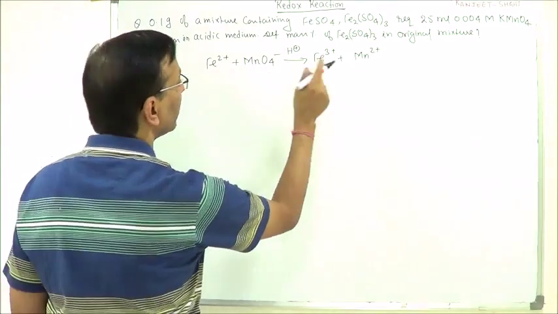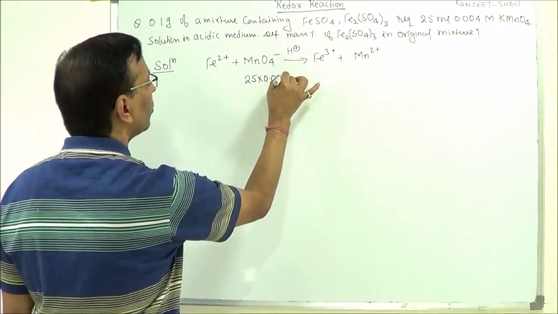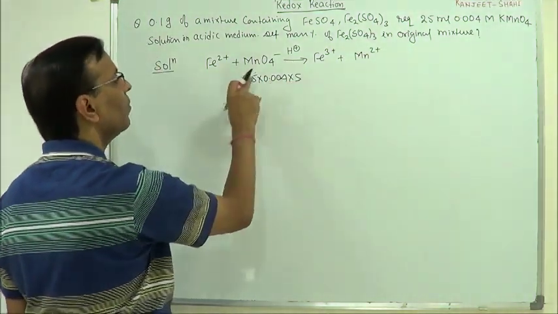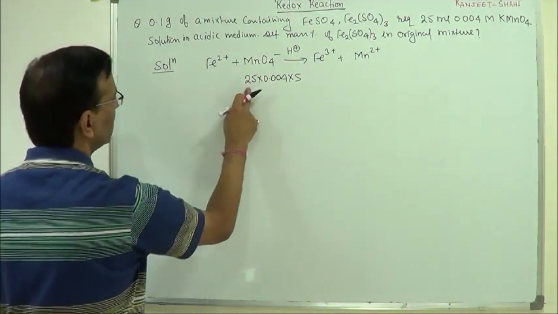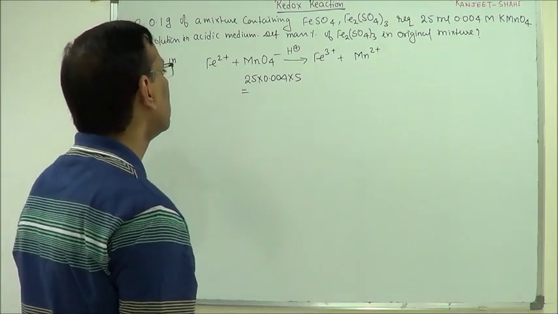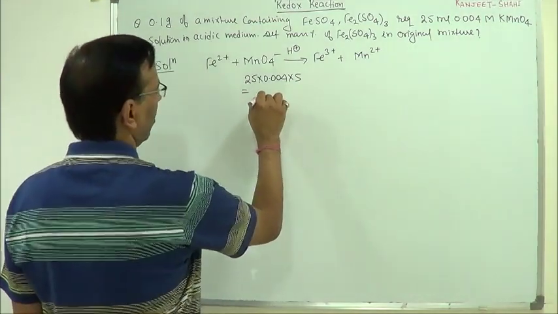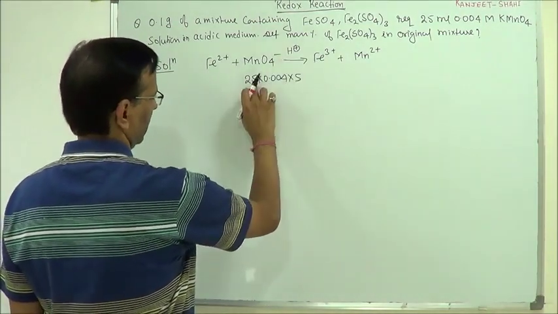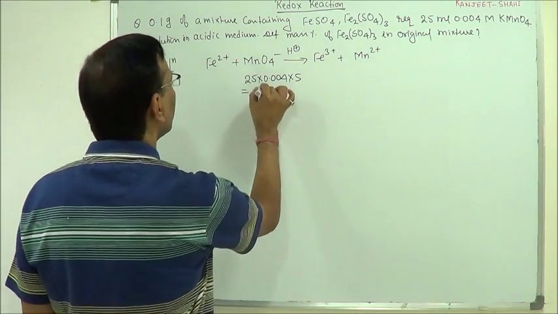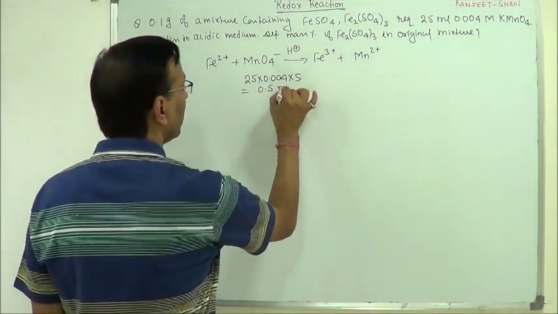And milliequivalent of permanganate will be what? 25 into 0.004 into 5: molarity multiplied by n factor is normality, multiplied by volume, milliequivalent. And that would be equal to 25 into 4 by 1000 into 5, so it is 0.5 milliequivalent.